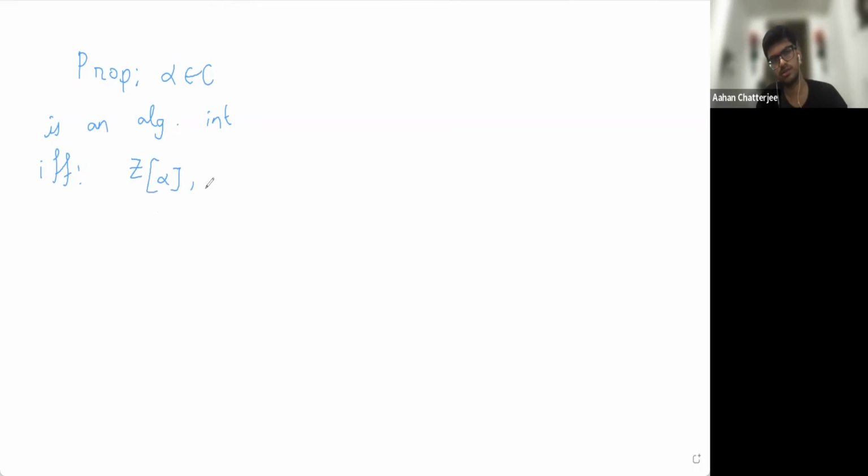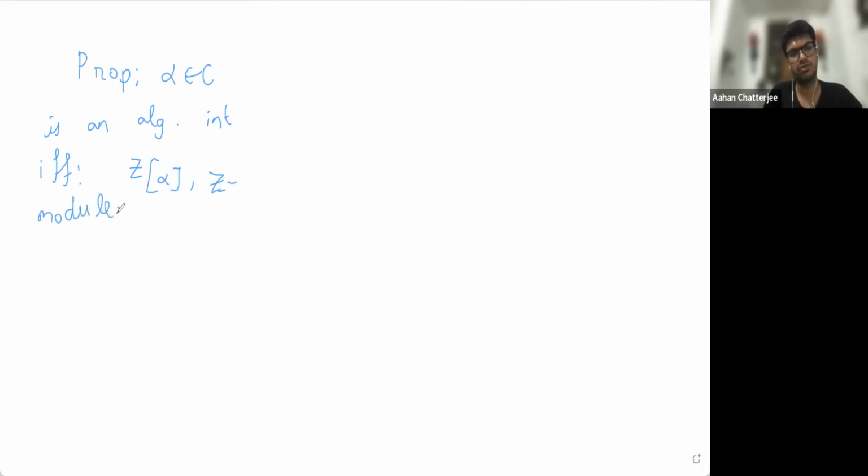Now first we explore a proposition. So alpha in C is an algebraic integer if and only if Z[alpha] is finitely generated.